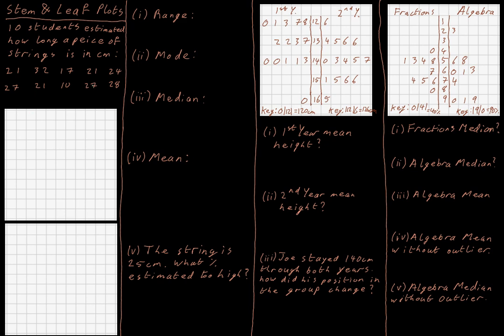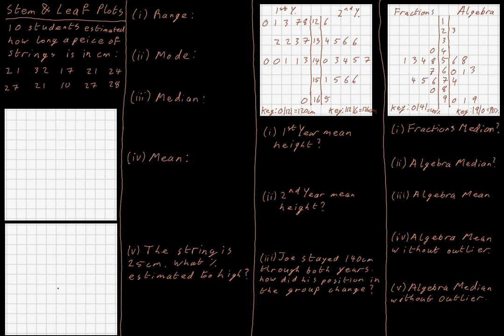When we want to draw our stem and leaf, we're always going to draw a disorganized stem and leaf first, and then draw an organized stem and leaf. The reason is, in principle, we could write things from smallest to biggest when they're in a group like this. But if we have to draw a stem and leaf anyway, we're much less likely to make a mistake if we break it up into our groups of 10 first, into our disorganized stem and leaf, and then organize the leaves afterwards.